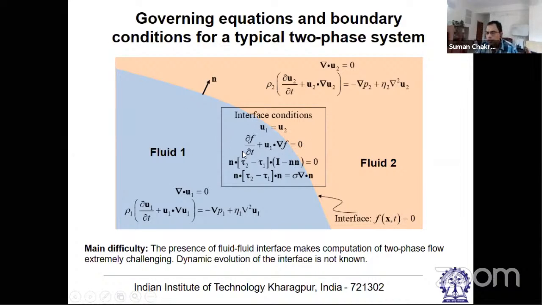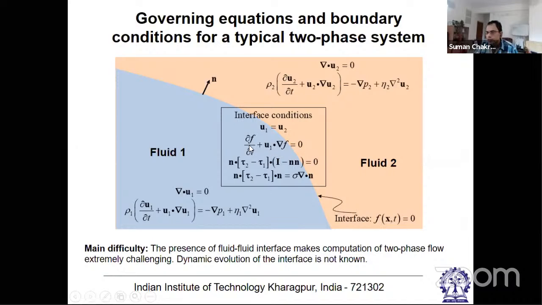But one very important boundary condition that we continue to miss is this one, which is called the kinematic boundary condition. The kinematic boundary condition is essentially that the total derivative of f is equal to 0, where f represents a function of position and time, which is the dynamic position of the interface.